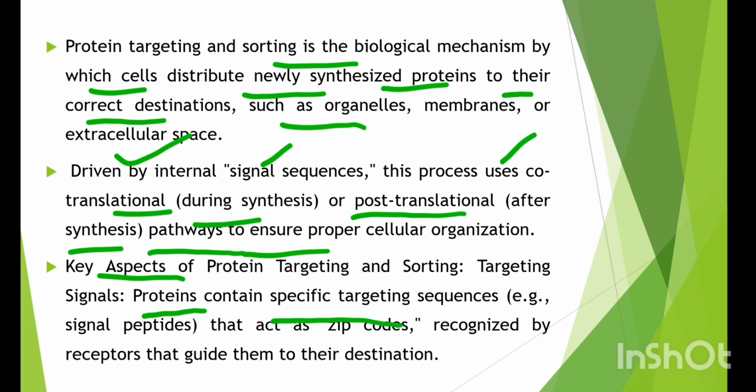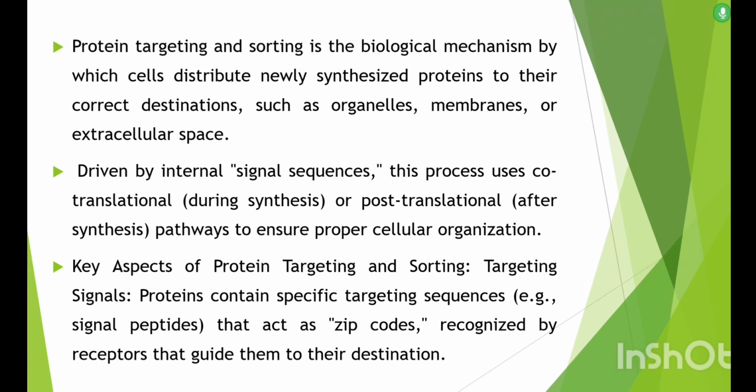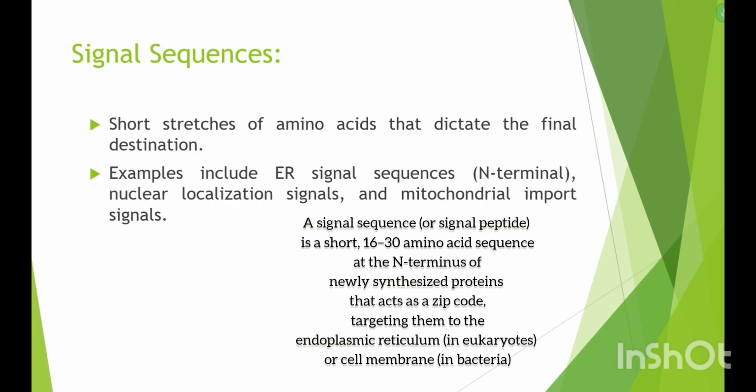A pin code means that a particular letter is to be delivered to that particular address. So the pin code is the specification of that particular address. That zip code is recognized by a receptor that guides the protein to its destination.